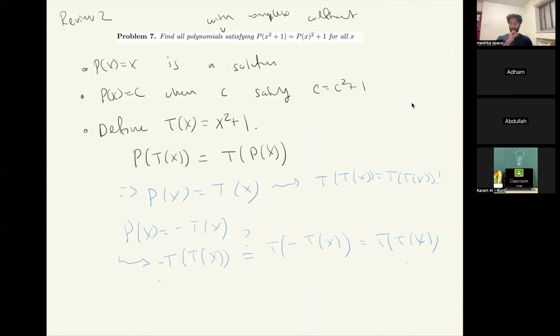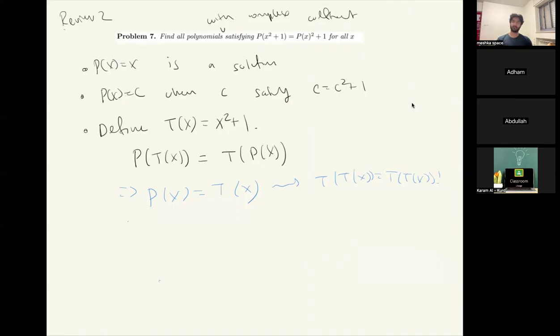Okay, so any other ideas for something that could work? Well, we know that P of x has to be strictly odd or even. Why?